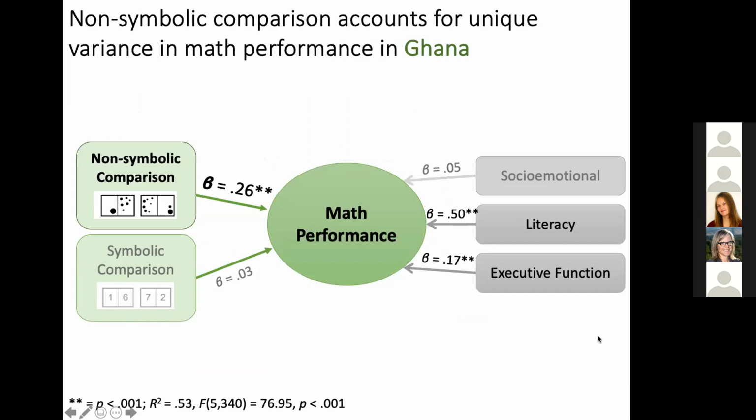Although you can note there that the literacy and executive functions also associated with math abilities, which is not surprising. But contrary to what we expected, a non-symbolic comparison task is a significant and unique predictor of mathematical performance in the sample from Ghana. So one might speculate that non-symbolic comparison is a stronger predictor of math abilities because they score higher on the non-symbolic comparison condition relative to the symbolic comparison task.